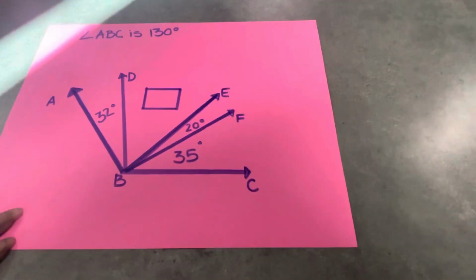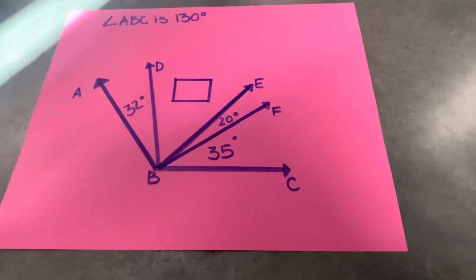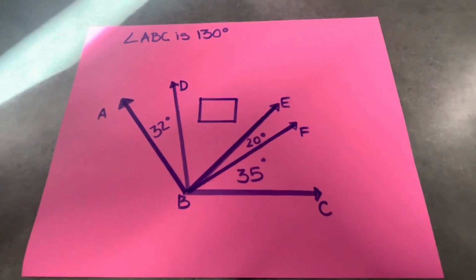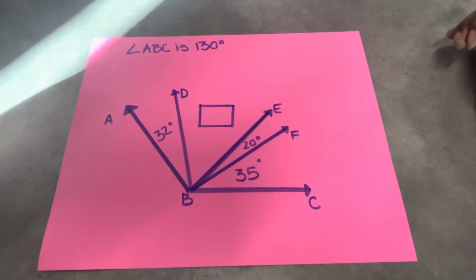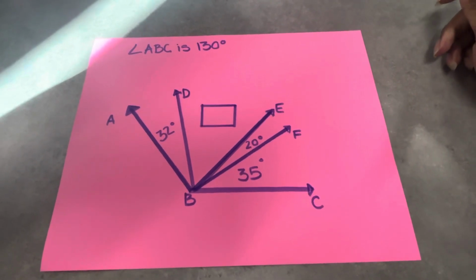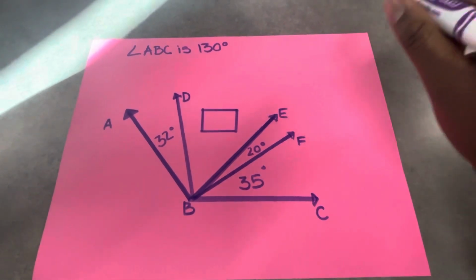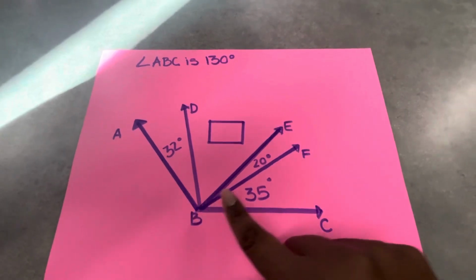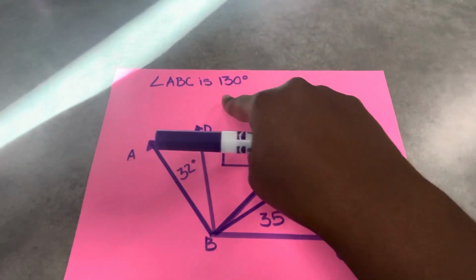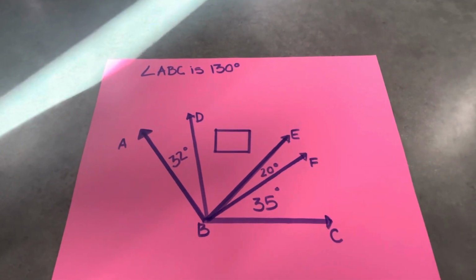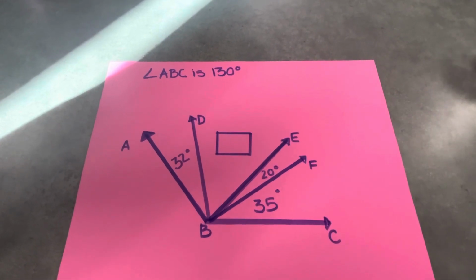Now, let's look at something, and I'm probably going to scare some people, but let's look at this angle. Ooh. Now, when we look at this angle, there's a lot of letters, there's a lot of numbers, but let's think about what we know. I know a couple of things. I know that angle ABC is 130 degrees, okay? What else do I know?